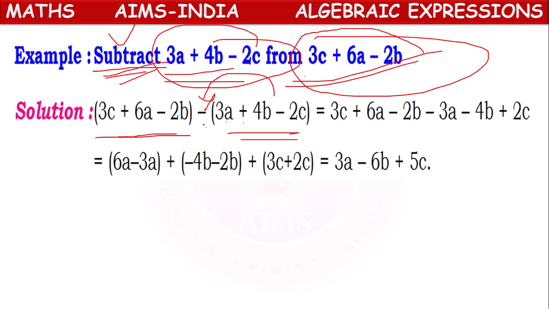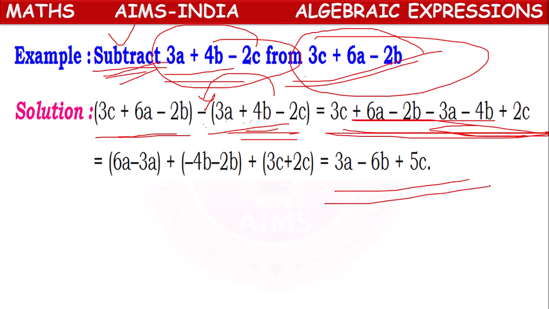Because of minus, all the signs will change. So this will be like its additive inverse, and the first expression and the additive inverse of the second, which we got by changing the signs, minus 3a minus 4b plus 2c. If we combine both of them, we will get the result.